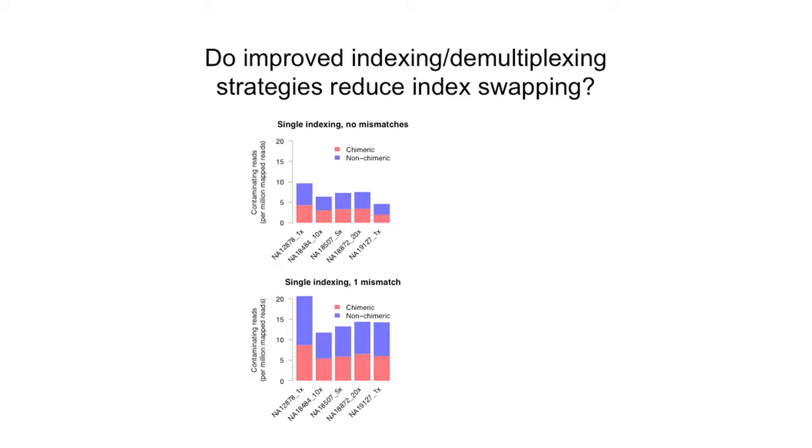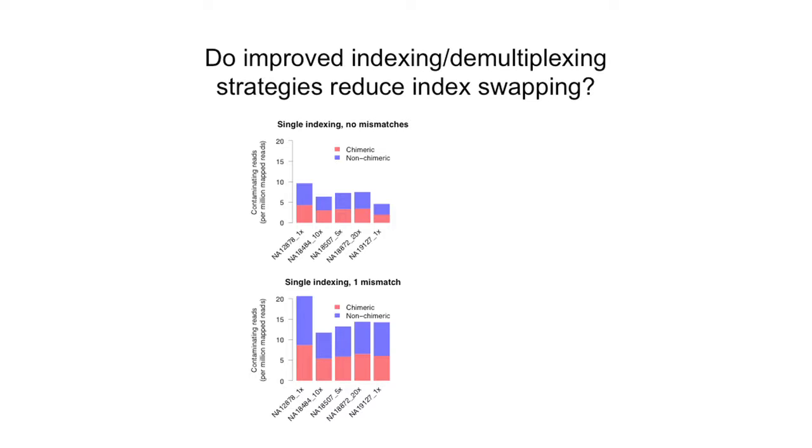We mixed M13 with human libraries and pooled them together for sequencing, and we compared various demultiplexing strategies. So here I'm showing where we just considered one end of one index when we demultiplexed, and we considered no mismatches, and we considered one mismatch, so a less stringent demultiplexing strategy.